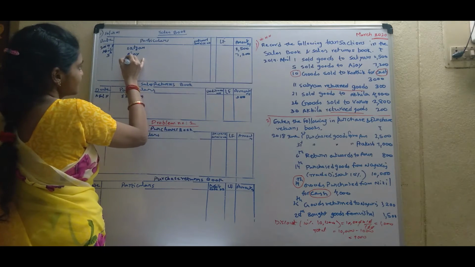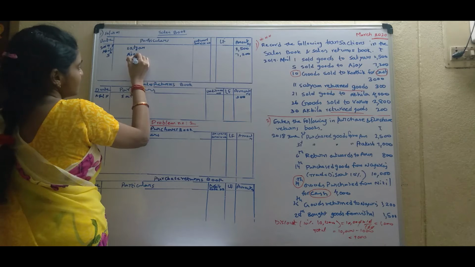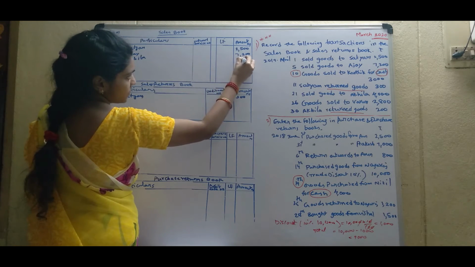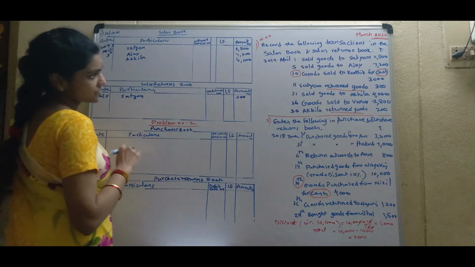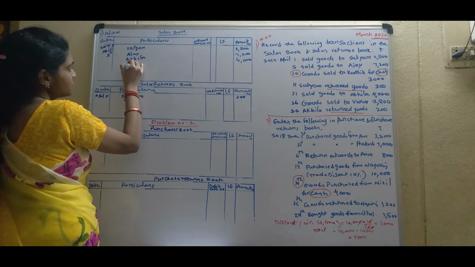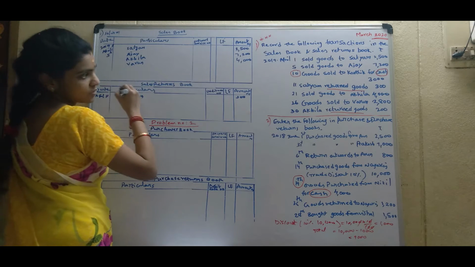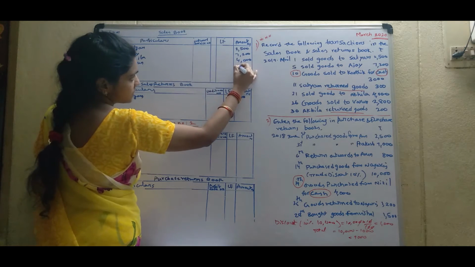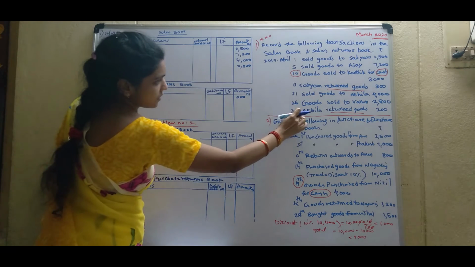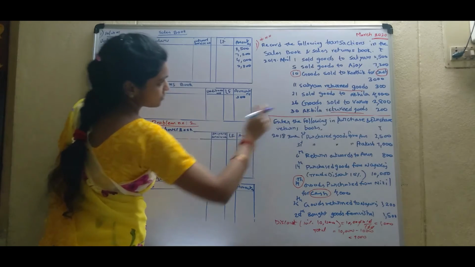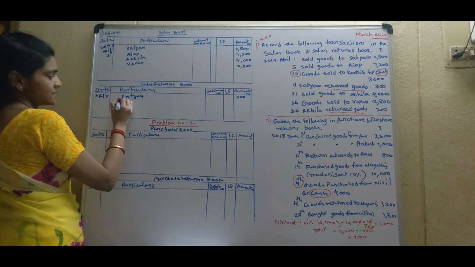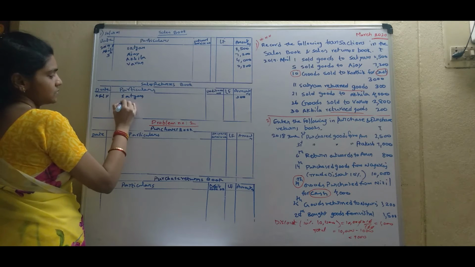And coming to the next one, sold goods to Akila. This comes under sales book. Akila. Amount 4,000. Coming to the next one, sold goods to Varun, sales book. Varun amount 2,800. Okay. And Akila returned goods 200. This comes under which book? Sales returns book.